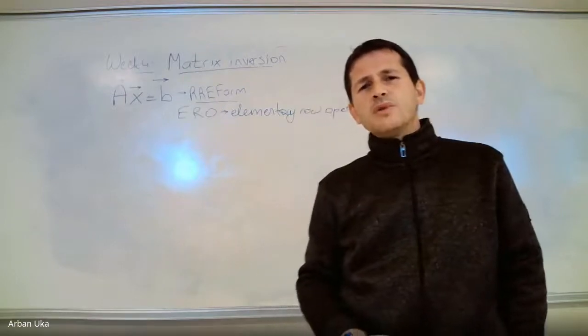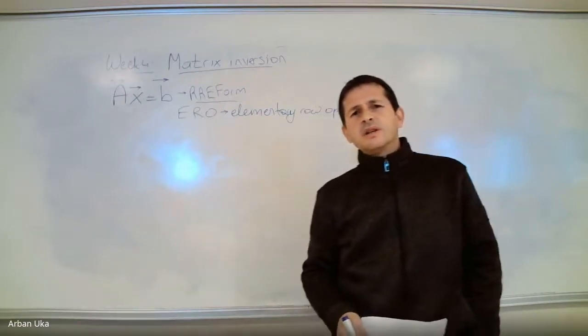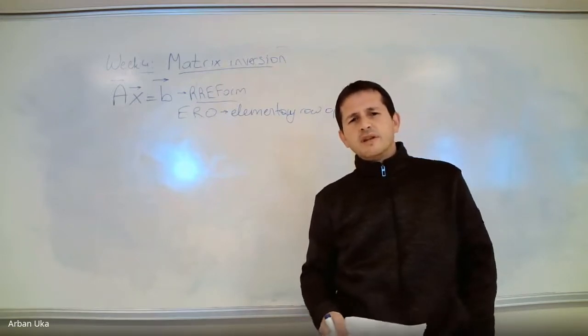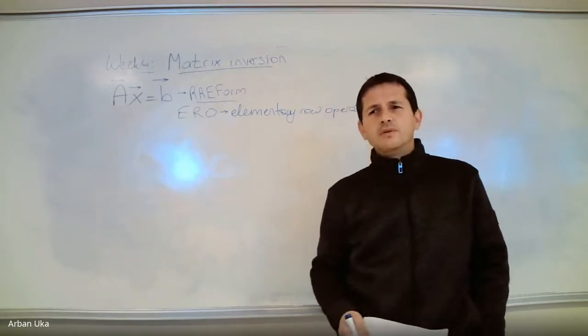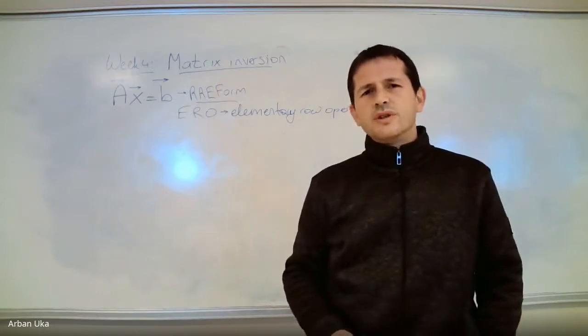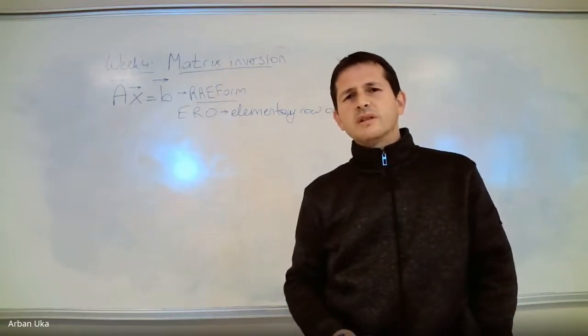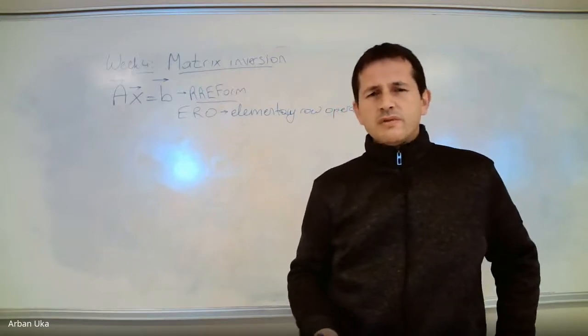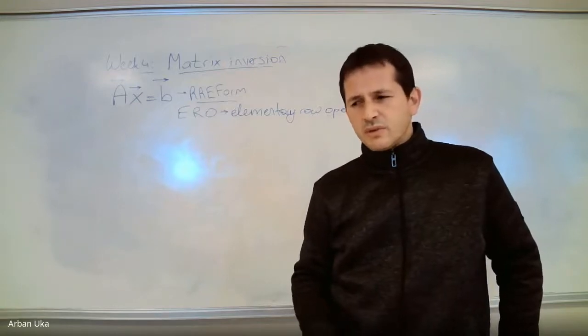As we apply the elementary row operations, we are trying to remove the redundancies in the data, and the way to do it is by producing a lot of zeros. Whenever we can simplify some expressions, whenever we can reduce the number of coefficients in the coefficient matrix, that's what we are trying to do.